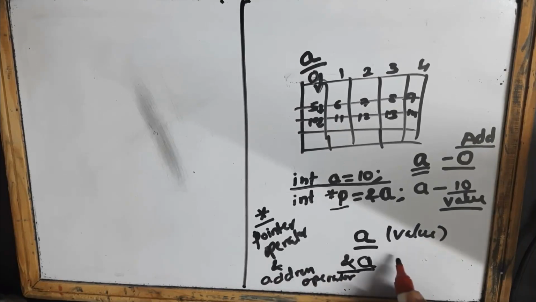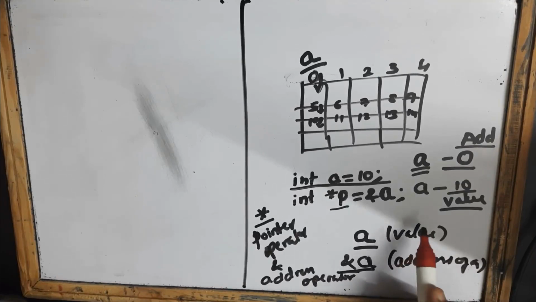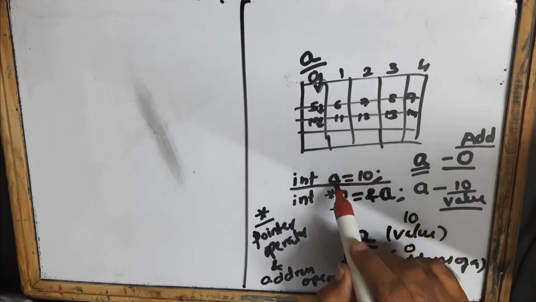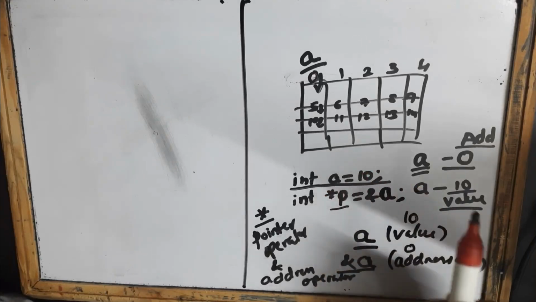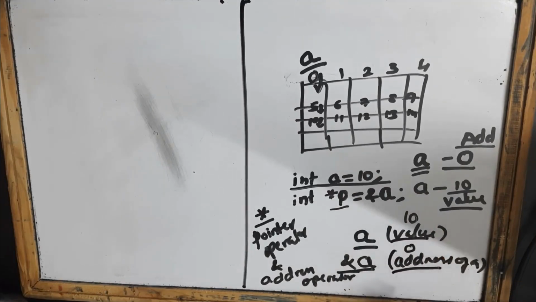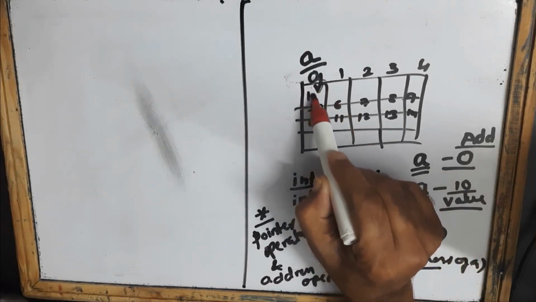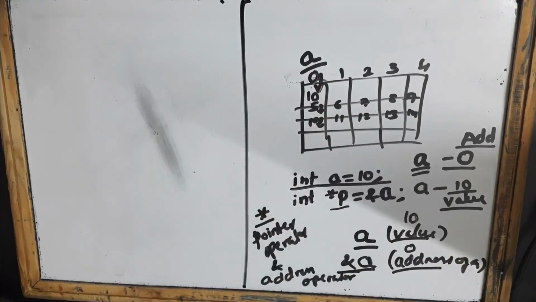When you say ampersand A, you will get the address of A. Here the value is 10, and the address of A is 0. So integer A has two pieces of information: one is value and the other is address. The address is 0, the value is 10, and 10 is stored at 0.